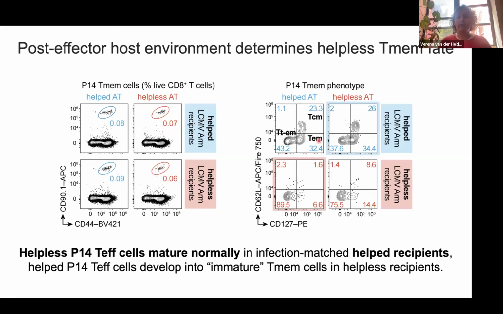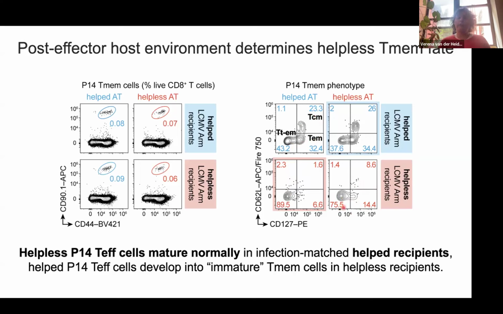But what was surprising was when we looked at the phenotype of these cells. This is the control here, helped cells going into a helped recipient, where a lot of these cells become TCMs, less so TEM, and very few become these terminal effector memory T cells. In another control here, helpless cells going into helpless mice, you see that most of them are these terminal subset.